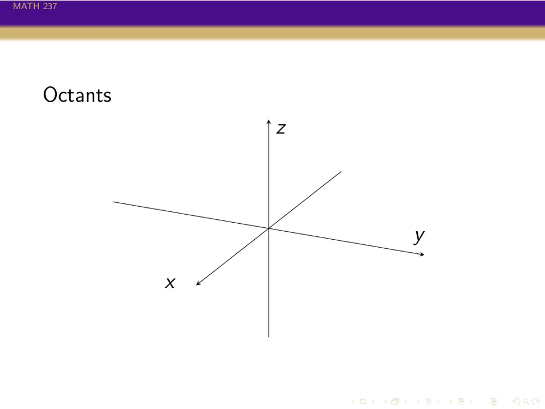Most times, at least in terms of drawing stuff, we're going to be focusing in on this primary octant where everything is positive. There are 7 other octants. At times we will be using them, but they don't have special names like quadrants do.